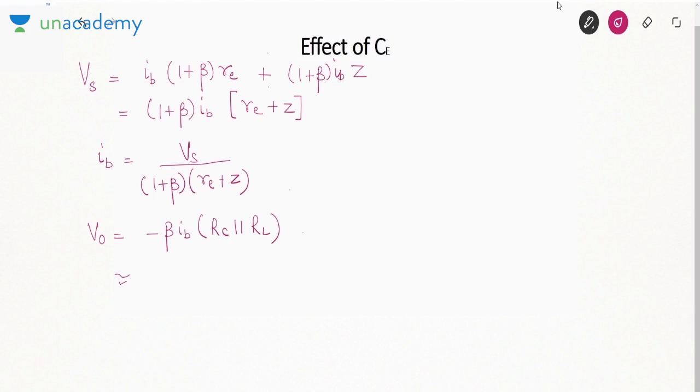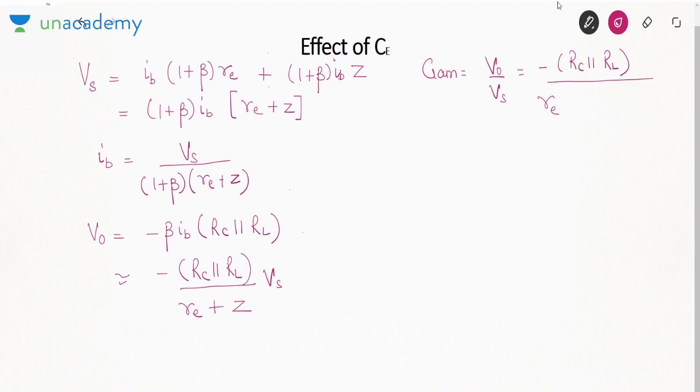Beta and 1 plus beta are approximately equal, so it will get cancelled. So it is minus RC parallel RL over RE plus Z. That means the gain of the amplifier is minus RC parallel RL over RE plus Z. Z was RE over 1 plus SCE RE.